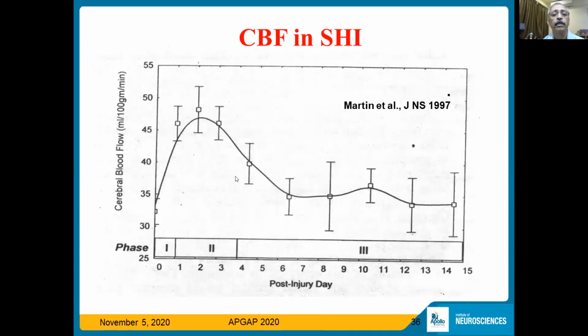This is a classical study which showed that in the first 24 hours following head injury there is a reduction in the cerebral blood flow, and in the next 24 to 72 hours there is an increase in the cerebral blood flow, that is, relative hyperemia against a reduction in CMRO2.